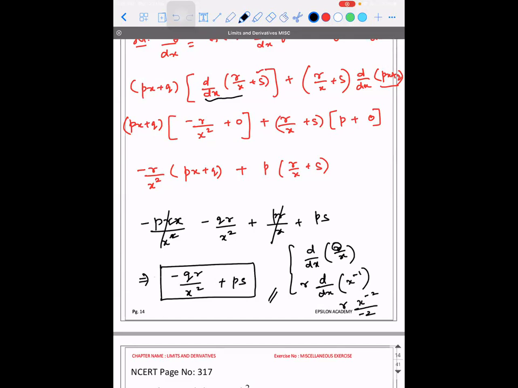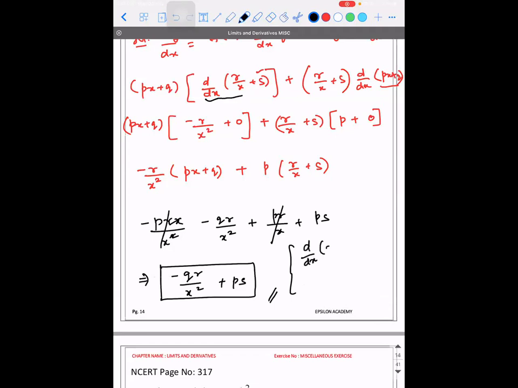Then there should be a minus 2, no? X power n minus 1. It will be into minus 1 by x square. One minute. X power n minus 1 by n minus 1. The minus 1 will come as coefficient and the power of x will be raised to minus 2. One minute.